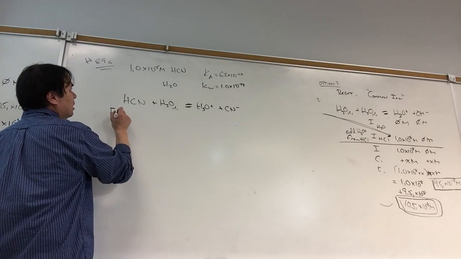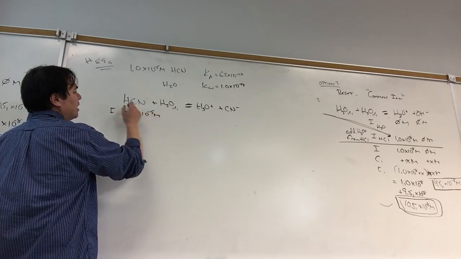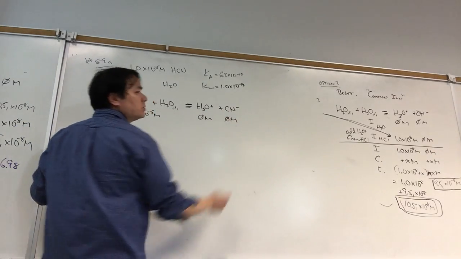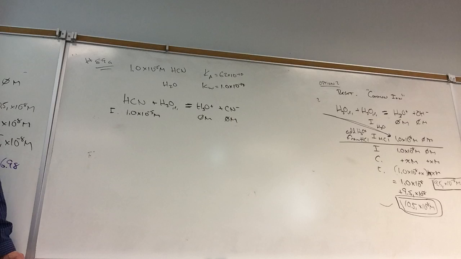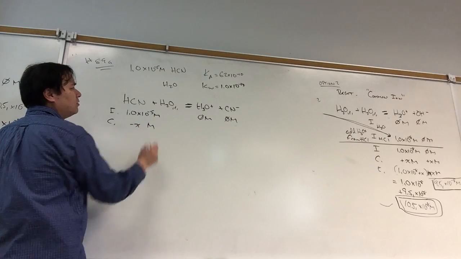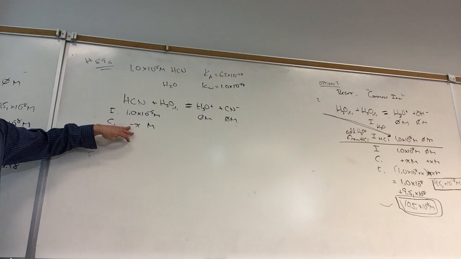And so we start off assuming nothing's happened. You know, 1.0 times 10 to the minus 5 molar HCN, 0 molar hydronium, and 0 molar cyanide. So essentially nothing's happened. And now I let it collide with water. When I let it collide with water, then I'm going to lose some HCN. Not all of it, because K is not large. If K were large, I'd lose all of it, right?